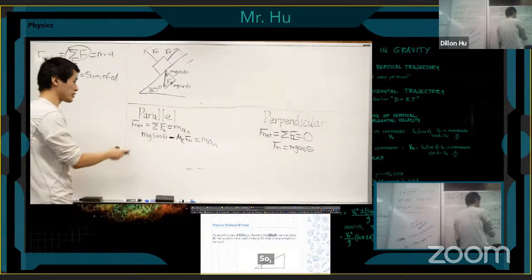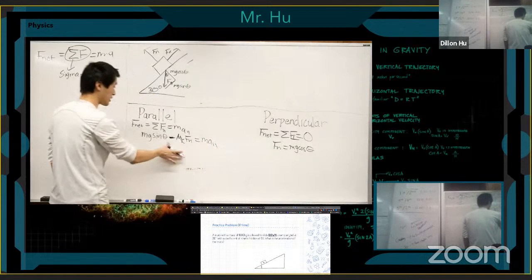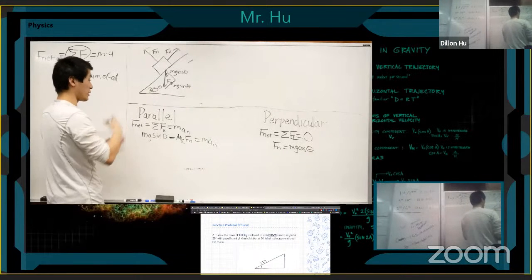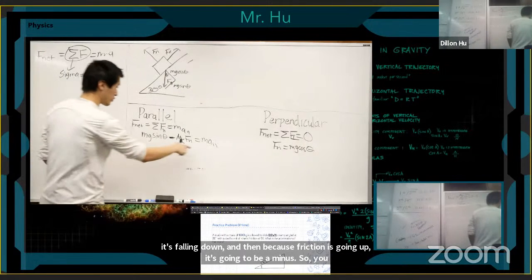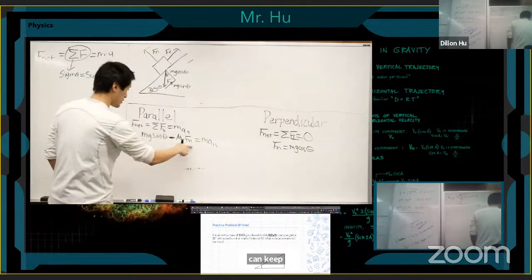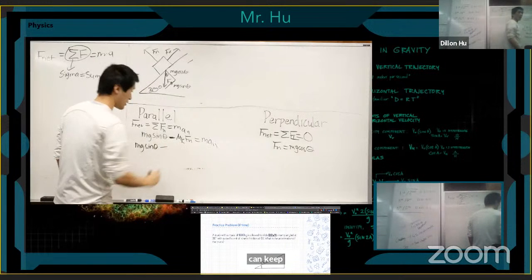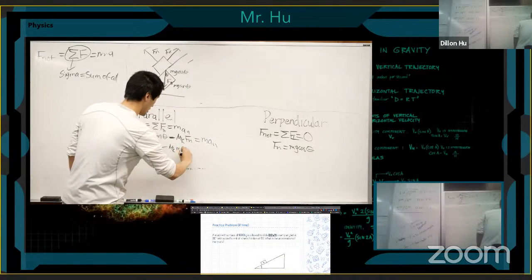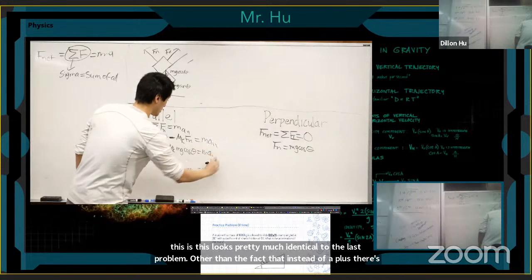So this looks pretty much identical to the last problem, other than the fact that instead of a plus, there's going to be a minus here because they're not in the same direction anymore. So now let's turn this normal force into what we had previously. So mg sine theta minus mu k mg cosine theta equals m times acceleration.